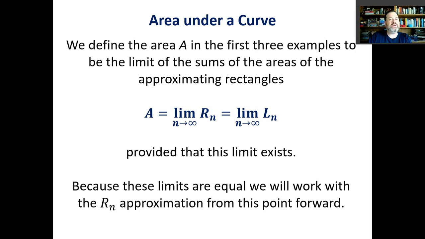We don't use the midpoint approximation that much because it's harder to work with when we do limits, but it's also in there. Because these limits are equal, we're going to work with the right endpoint approximation moving forward. Whenever we do limits, we're going to use Rn. The arithmetic is actually easier than using the left endpoint approximation, but you do get the same answer.